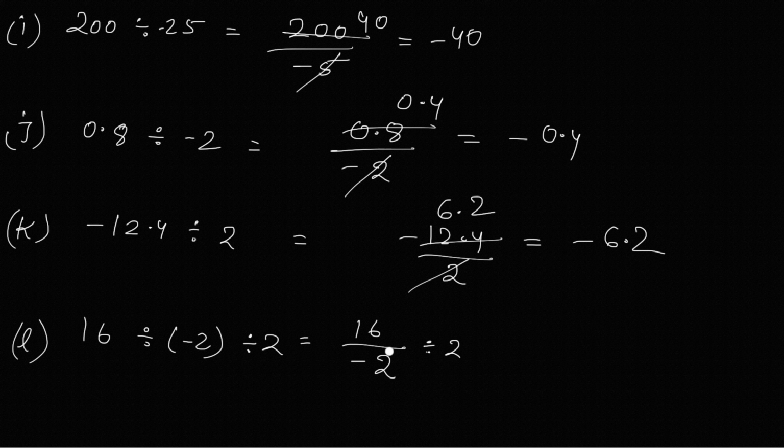So let's solve. 2 8s are 16, so we got minus 8 divided by 2, right? So minus 8 divided by 2 is 4. So our answer is negative 4. I hope you got this, and if not, you can go back and watch it again. Now let's move to question number 11.